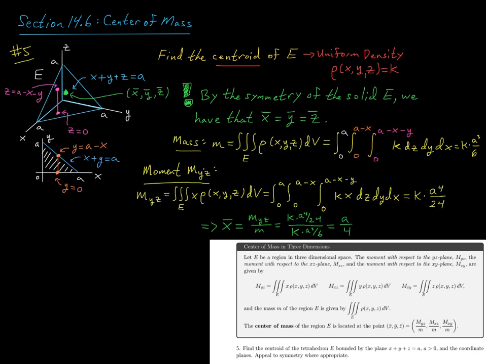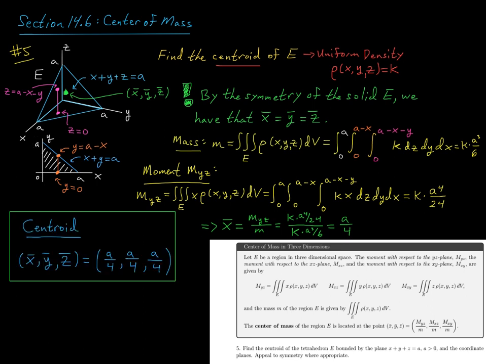But for this yz moment, we're going to integrate x times our density function over our solid E. Notice the bounds of integration are the same, and now I'm integrating k times x. And I've gone ahead and done that computation. You wind up getting k times a to the fourth over 24. And so x bar is going to be that yz moment divided by the mass, which we computed up here. And now when you take this ratio, you get a divided by 4.